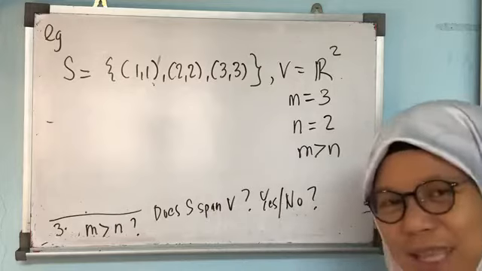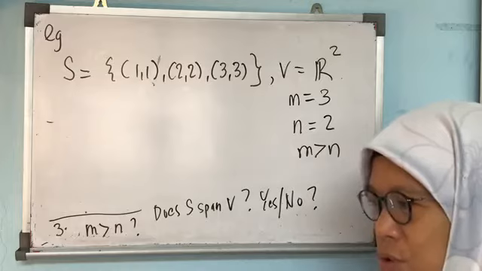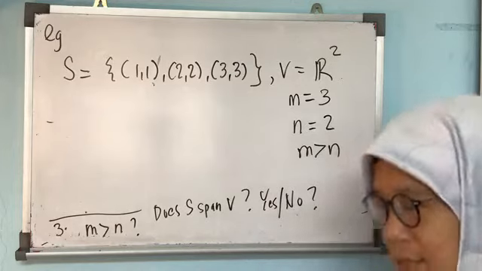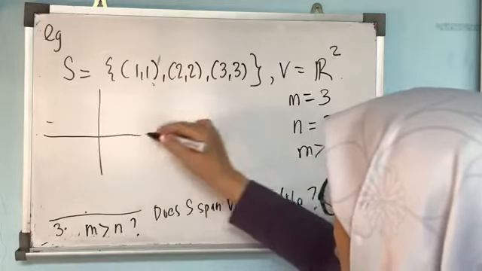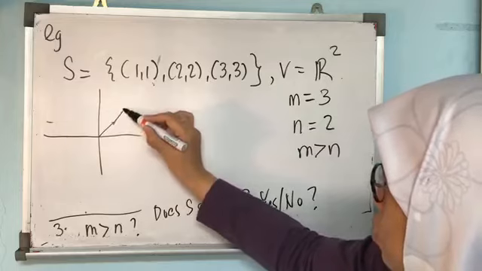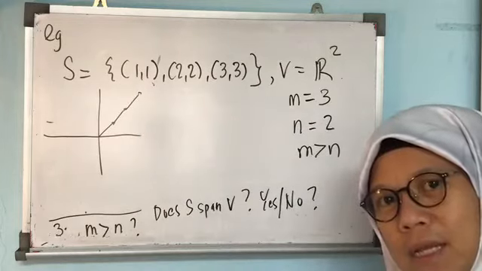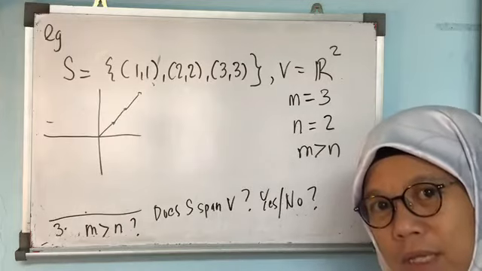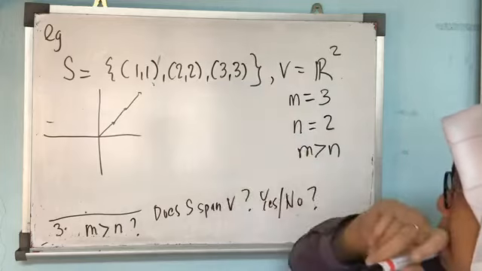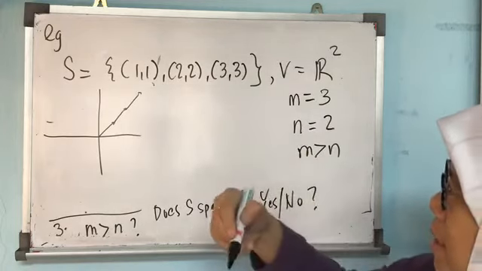You guess, you think. If you think about it geometrically, (1,1) is here, (2,2) is here, (3,3) is here. Spanning is just a linear combination, meaning you multiply any of these, then you add, and so on.